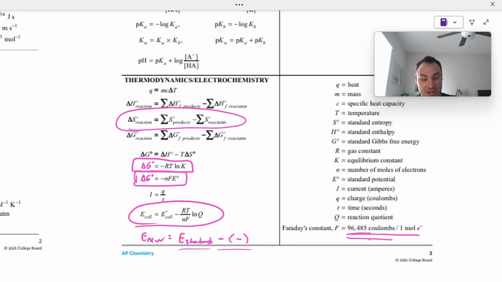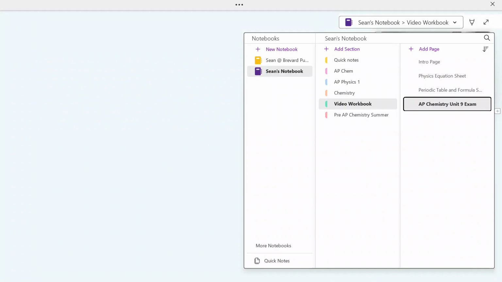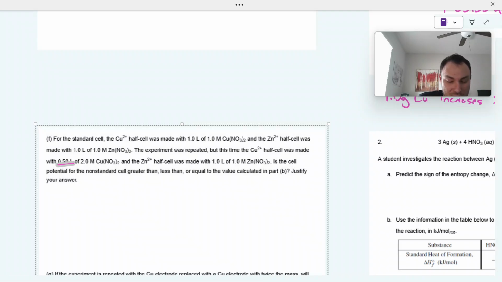E cell is equal to the voltage of the standard cell minus RT over NF ln of Q. Let's go ahead and translate that and write that down in this portion, because we have to justify. That's the best way to justify with this equation.